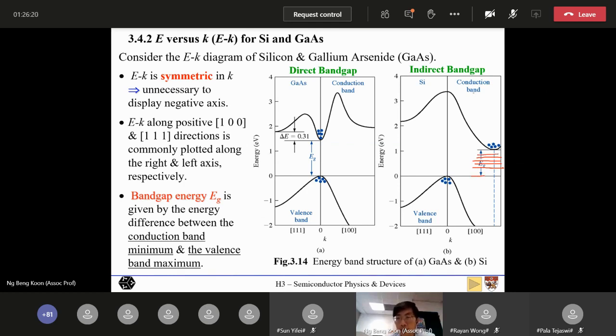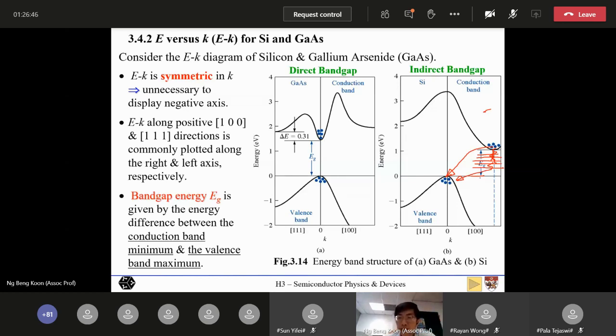Okay, so it turns out that for such a material, instead of going directly from here to here, which would not occur so readily, in other words, the probability is low, if you go through the defect levels, that means it goes to some defect level and transits down to the valence band, then this is actually easier, and in doing so, it loses the energy as heat to the crystal.